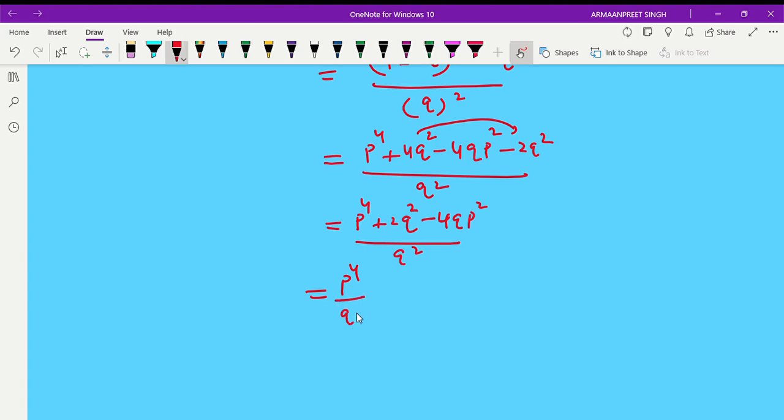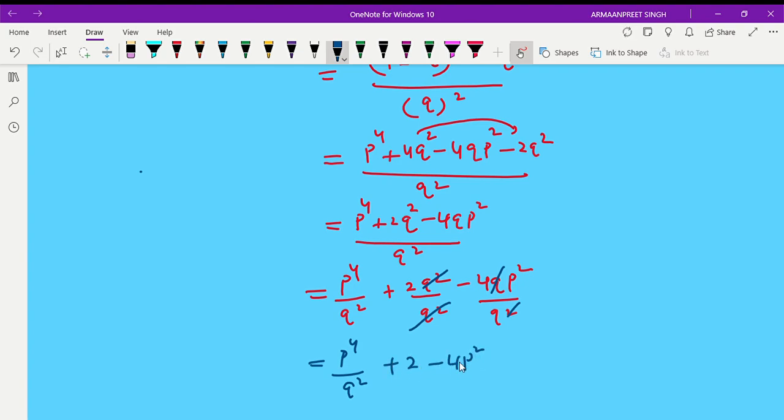So separate 2q square divided by q square and 4q p square divided by q square. Now use cancellation steps. Cancellation means q square cancels with q square, and q cancels with q. So the end expression is p4 over q square plus 2 minus 4 p square over q.